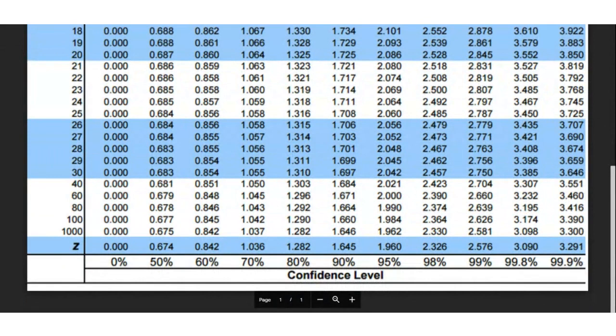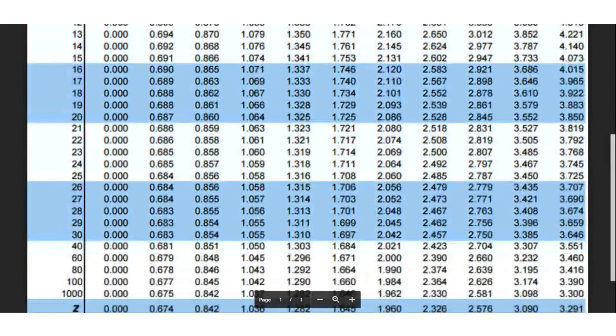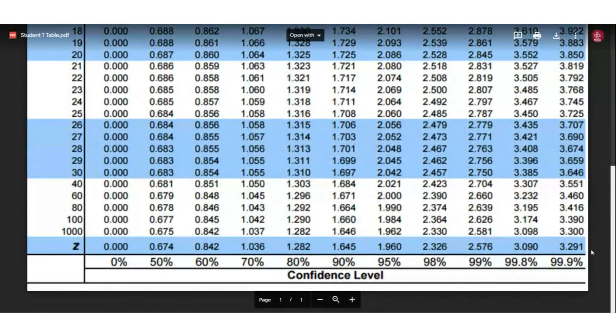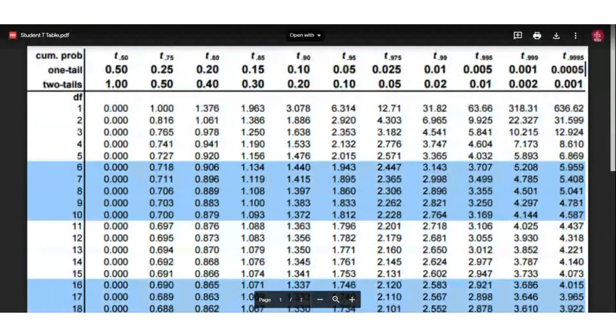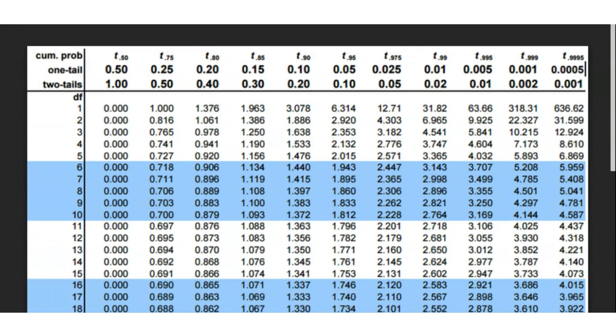If you were to follow that all the way up, just notice that that's 1, 2, 3, the 4th column from the right, so we don't forget what it is. So 1, 2, 3, 4. So notice that that is 0.02 in 2 tails, or half, 0.01. So when you come over to 7, it's 2.998. 2.998.